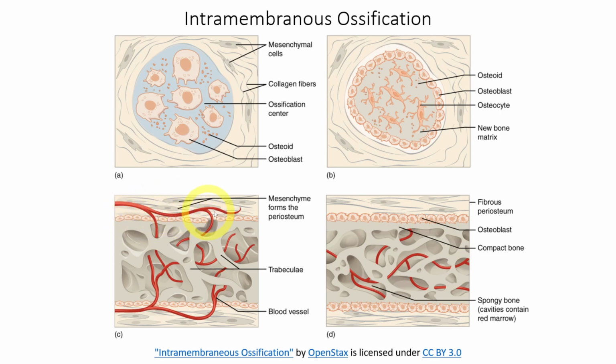But there probably won't be much cartilage left at this phase already, because the mesenchymal cells have formed the periosteum already. And blood vessels have come in, and they have grown through the spongy bone to provide more nutrients to finish out the bone growing process, and also to keep the bone nourished for the rest of the time.